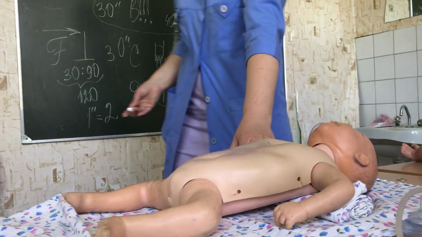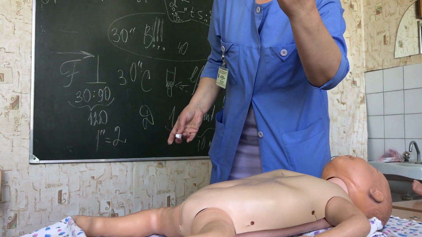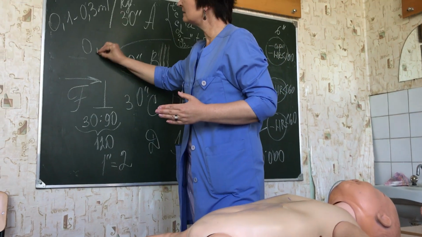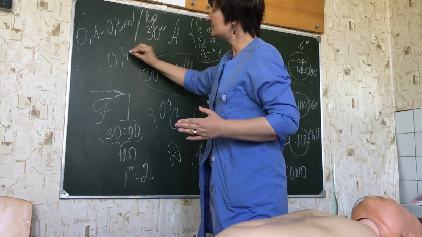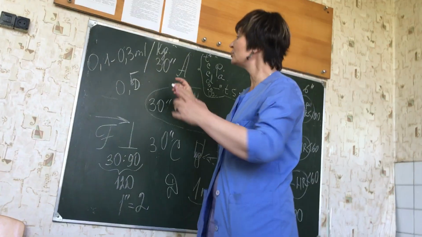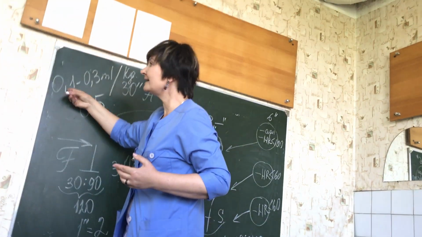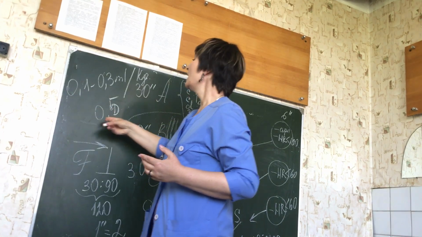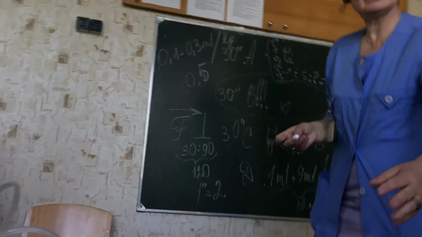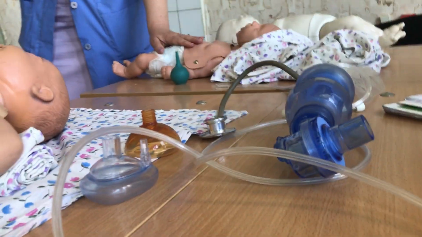How many? 0.4. If more than 4, must be more than 4 and that is why I recommend minimum 0.5. Yes? Because if you divide by the weight, minimal dosage will be less than 0.1. 0.5, maybe 0.6, 7, 8 here. 3, 4.